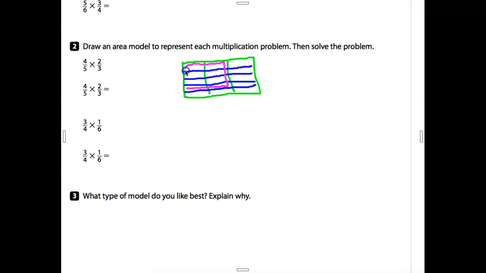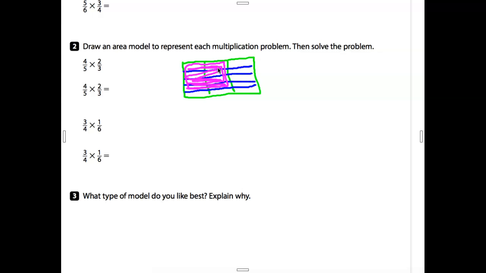So you see, I'm shading that all in. Okay, so 1, 2, 3, this is 2/3, and then we have to find 4/5 of it. 4/5 goes this way. So it's this shaded block right here that is 4/5 of 2/3.